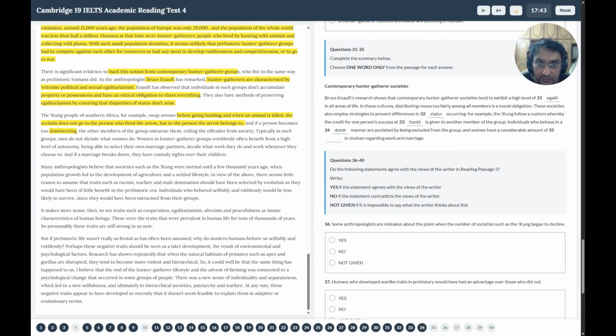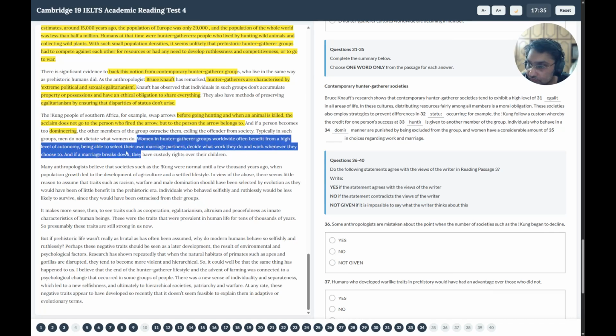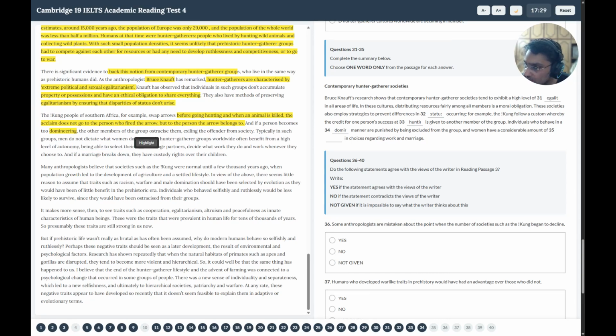Women have a considerable amount of autonomy in choices regarding work and marriage. Considerable amount of, high level of. Synonyms: considerably high, a high level. Level of what? Autonomy.